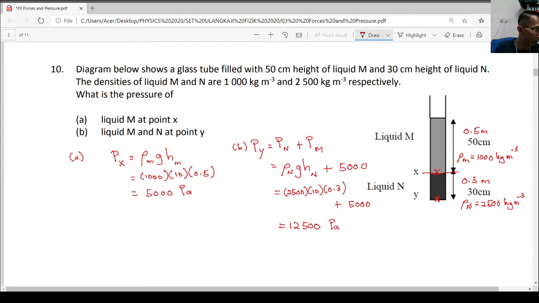Check my calculation. So the pressure at point Y here is 12,500 Pascal. Or you can also write this as 12.5 kilo Pascal.